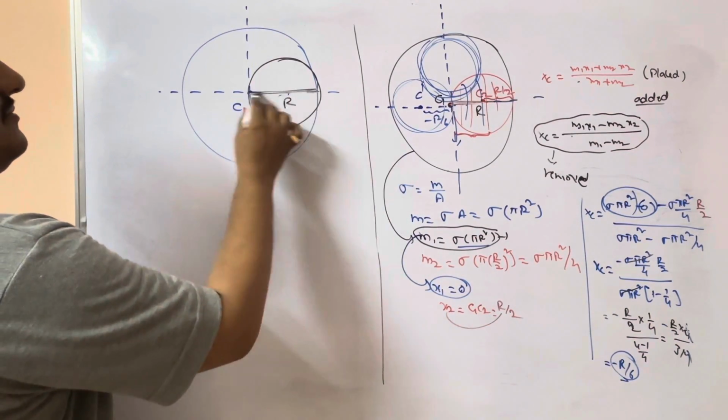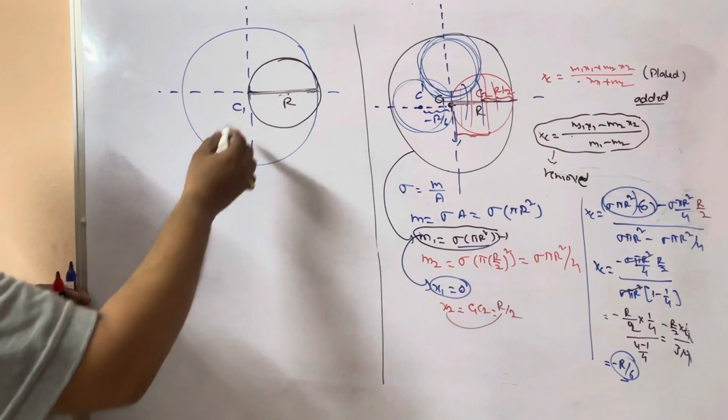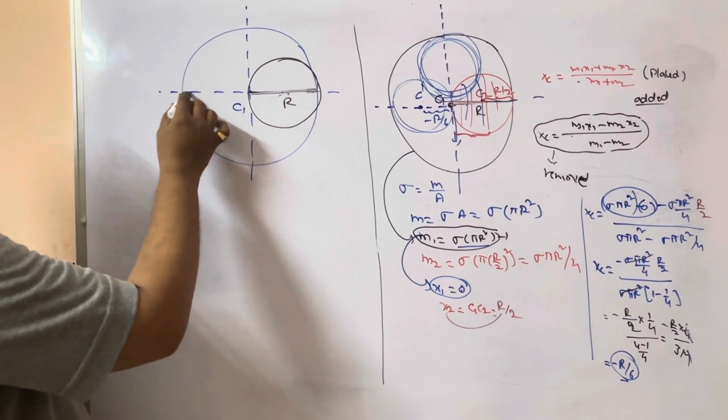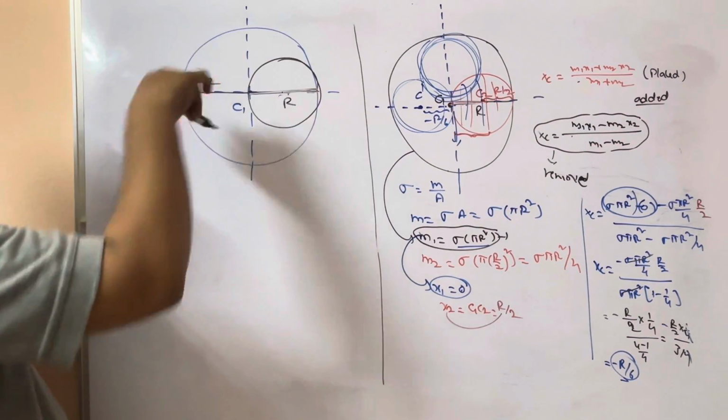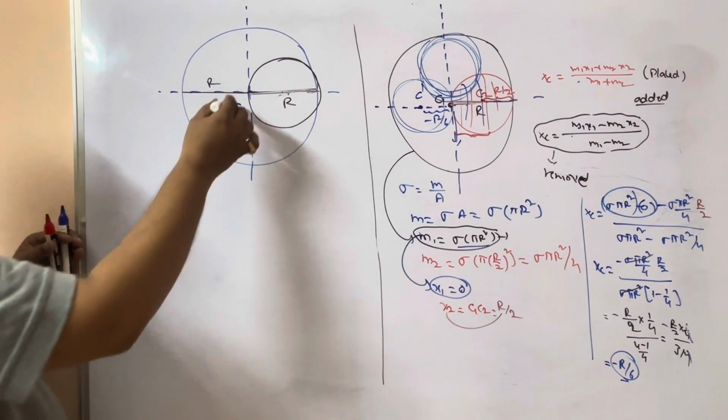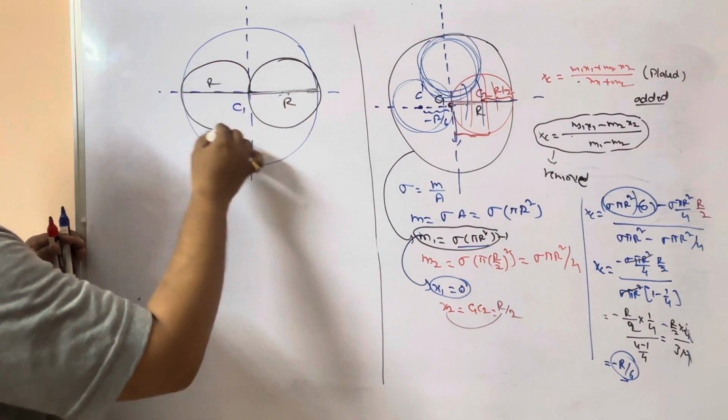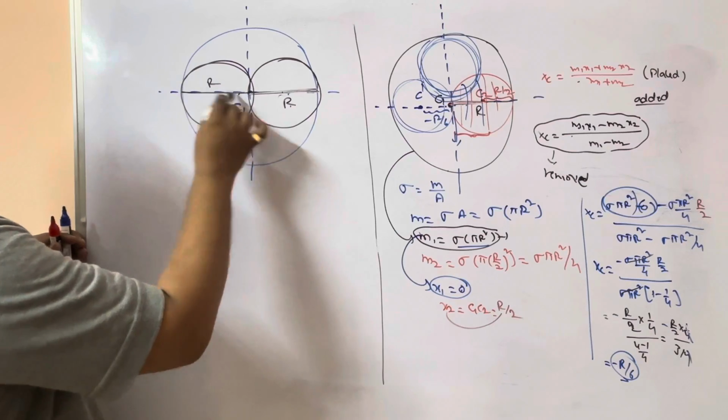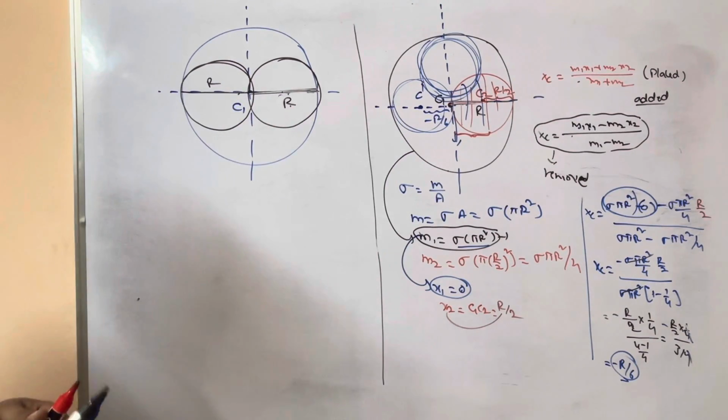Diameter of this smaller disc portion is R. So radius of the bigger one is capital R. Now another portion they removed from the left side of the same diameter R. Now where is the position of center of mass, they will ask.